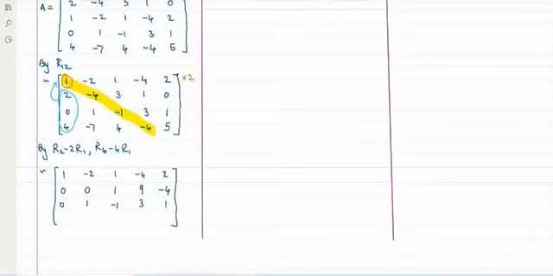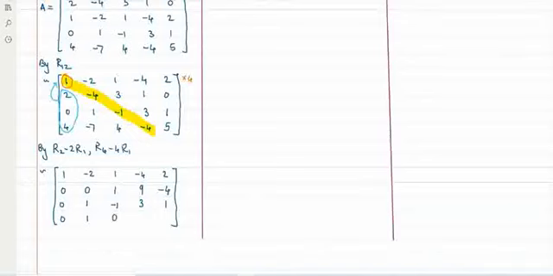Now next you have to multiply by 4 and subtract. Can anyone tell the elements? One. Okay. Zero. 0.